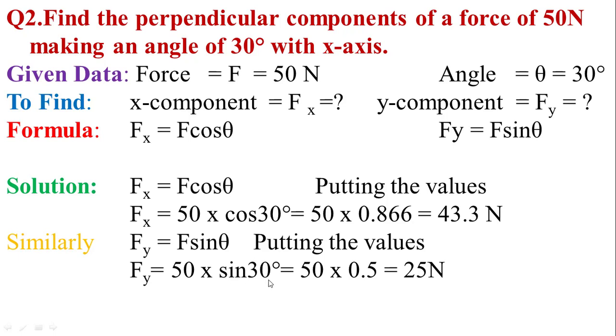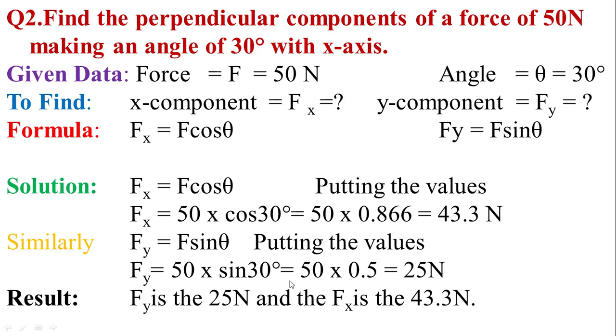The value of sin 30 is 0.5. Now 50 multiplied by 0.5, then the y component is equal to 25 Newton. Now the final resultant force components are F of y is 25 Newton and F of x is 43.3 Newton.